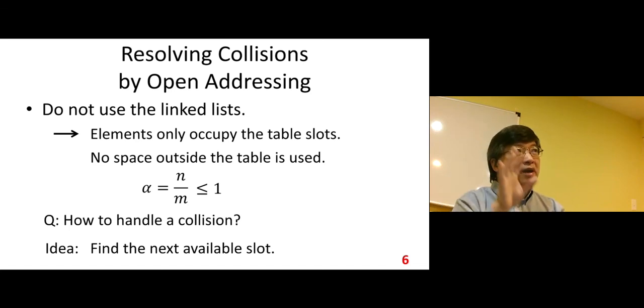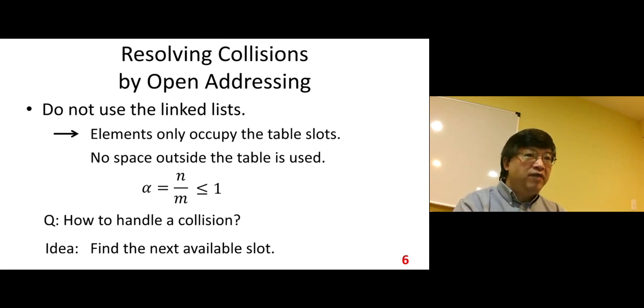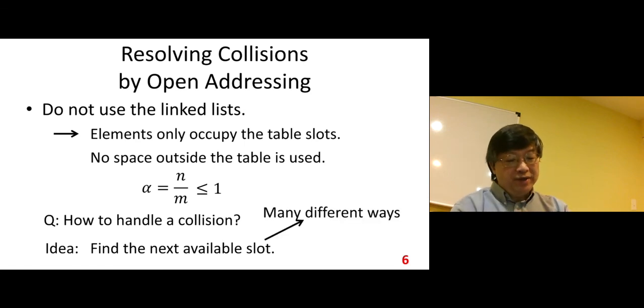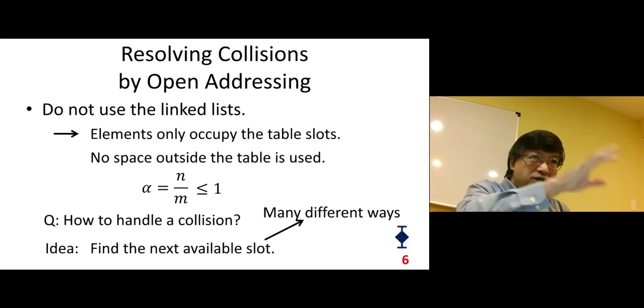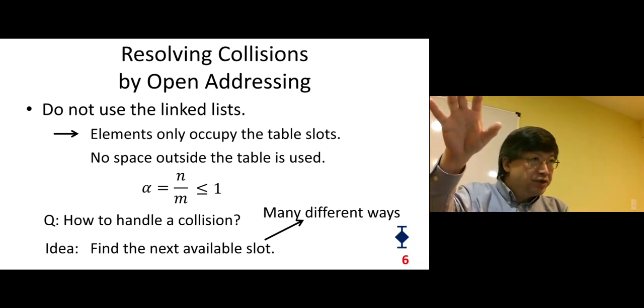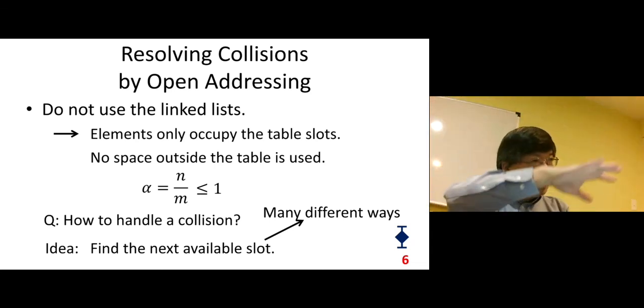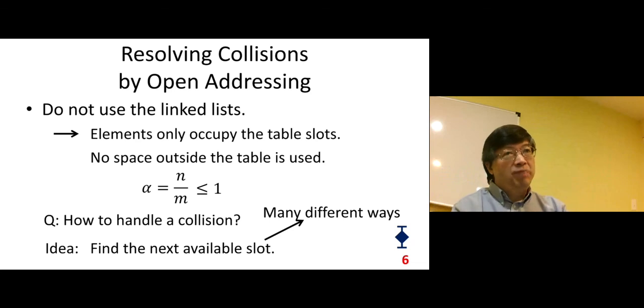But what is the strategy? What method do you want to use to find the next available slot? There are many different ways to do it. In our next part, we will discuss several methods we can use to find other slots to place our new data item. All right, so we complete this part, 8.3.